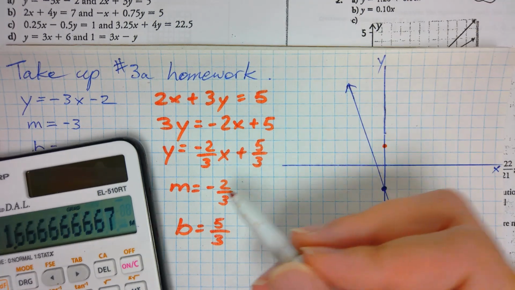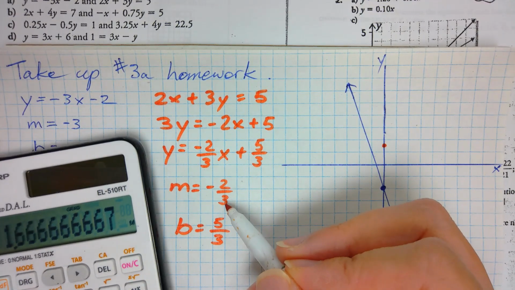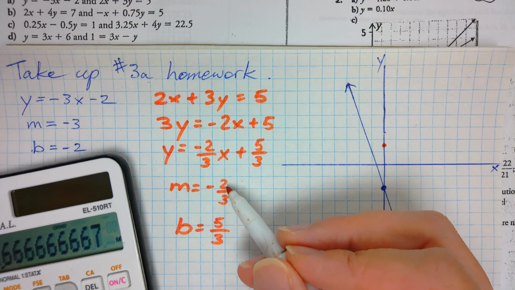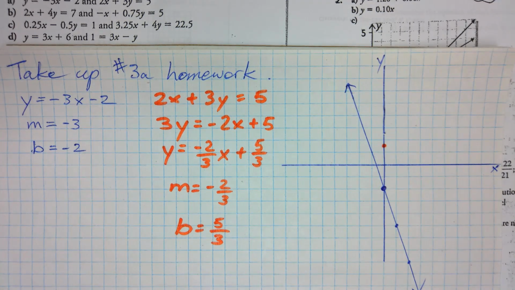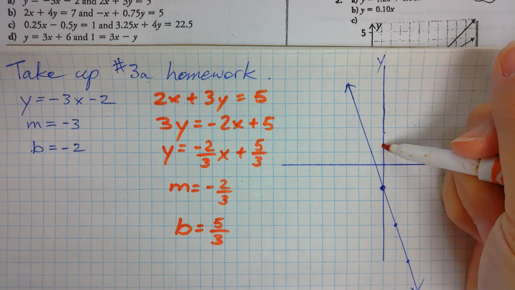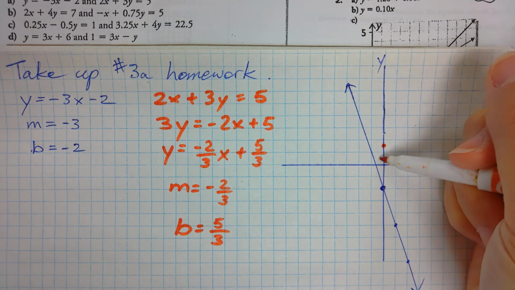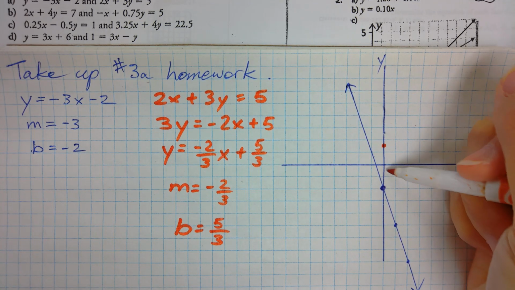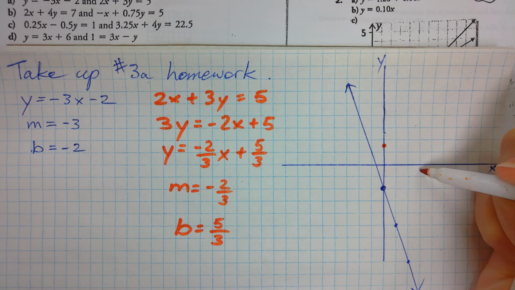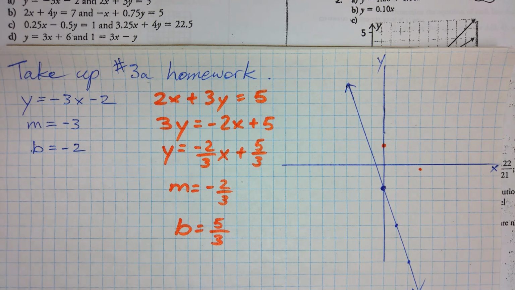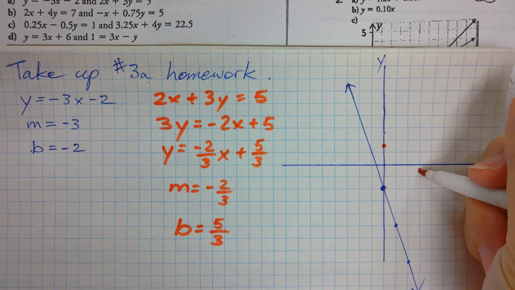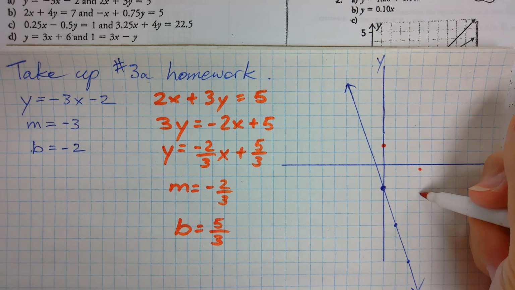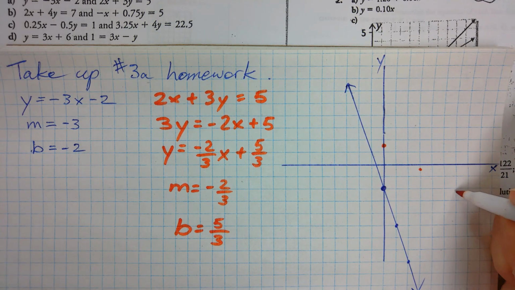And then I'm going to go down 2/3 of a box. Go down 2 and over 3. So go down 2, go down 1 box, 2 box, I'm about right here, and then over 3. 1, 2, 3. Okay. Again, I can go down another 2 box, 1 box, 2 box, and then over 3.